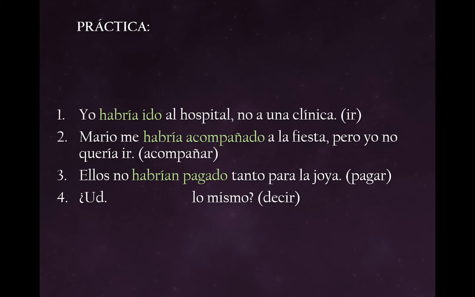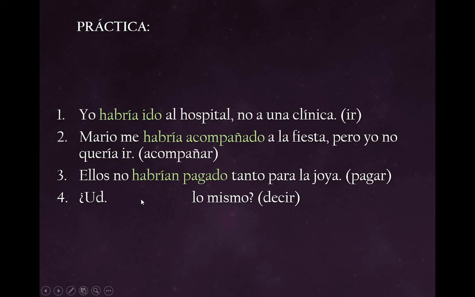And the last one. Usted blank lo mismo. Lo mismo, the same thing. And the verb decir. Decir, to say. So we're saying you would have said the same thing. Or probably we're asking, would you have said the same thing? So you would have. Once again, it's going to be very similar to habrían, except with the usted form, it just won't have an N on it.